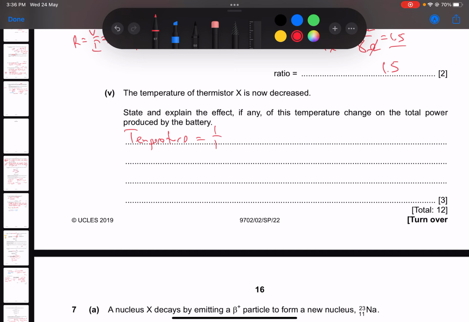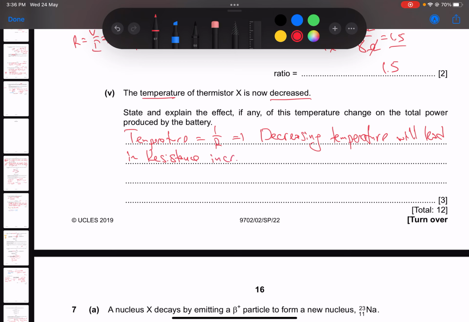Temperature and resistance are inversely related. If temperature increases, resistance will decrease. If temperature decreases, resistance will increase. In our case, decreasing temperature will lead to an increase in resistance.